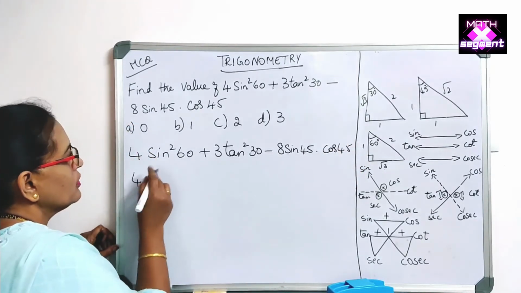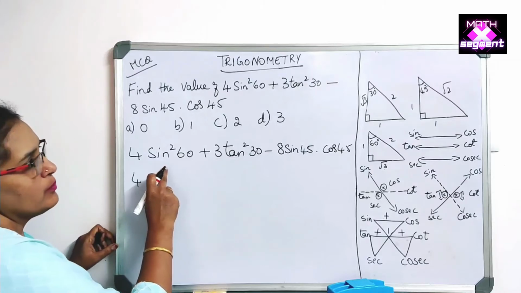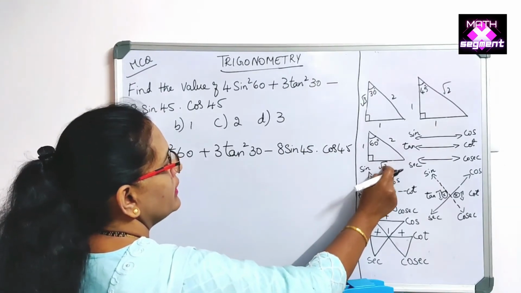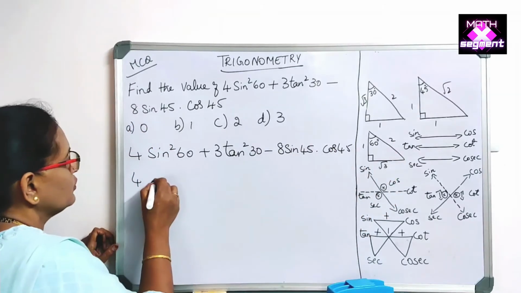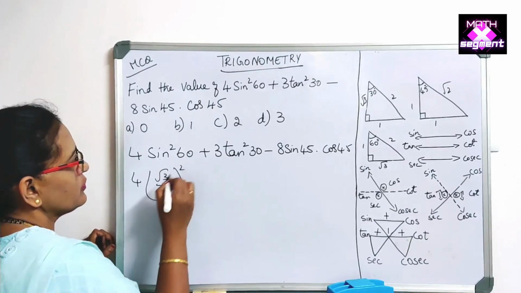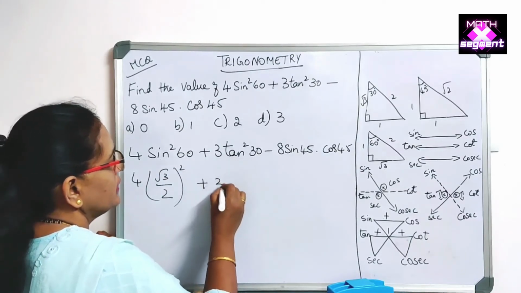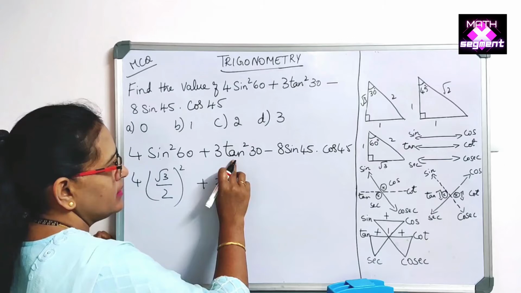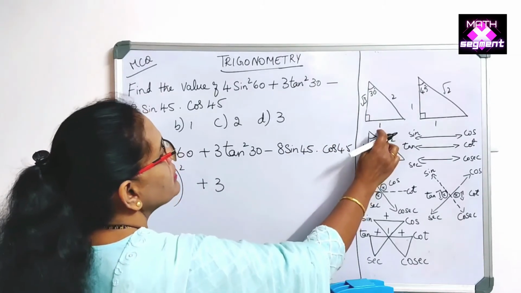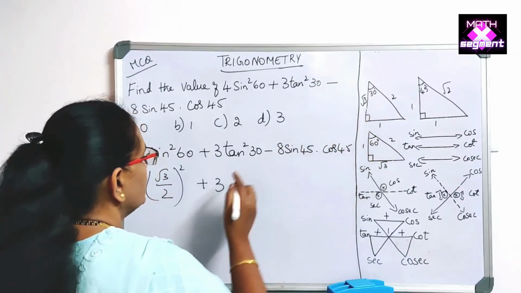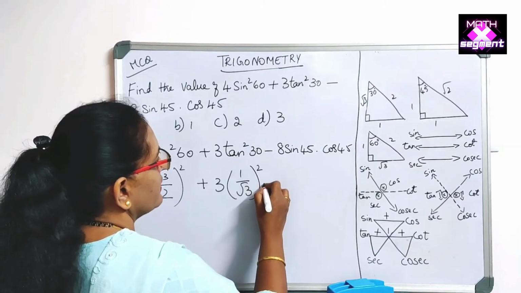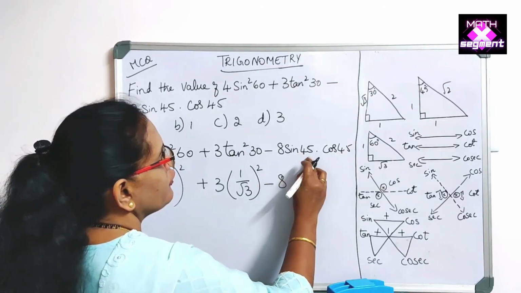Here, sin is opposite by hypotenuse, for 60 in this triangle, so it is root 3 by 2. Sin square is there, so we put the square. Plus 3 tan 30. Tan is opposite by adjacent, so for 30 degrees it is 1 by root 3, whole square.